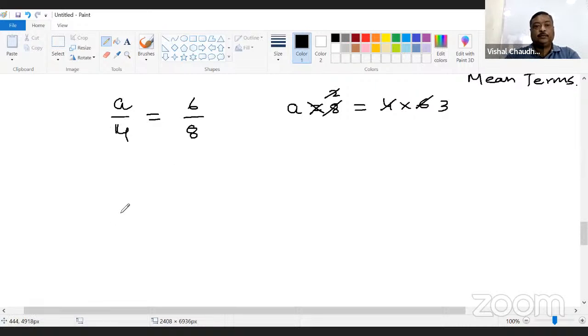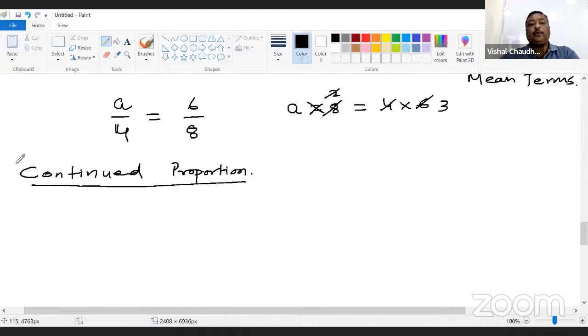Now please, we have another proportion, and that is continued proportion. Now how does continued proportion come?